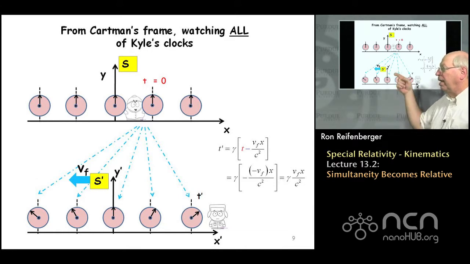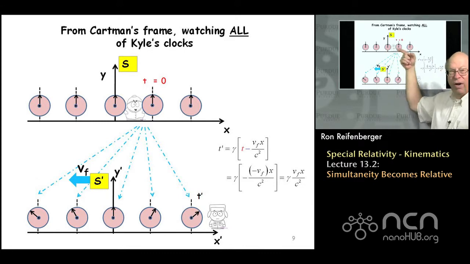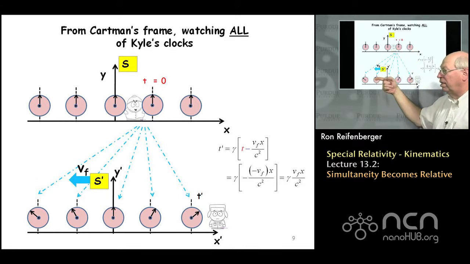And with his reference frame laboratory, he can measure the times on the clocks at different positions along the x axis. He wants to know what time he will see, and he has to use the Lorentz-Einstein transformation equation to sort that out.